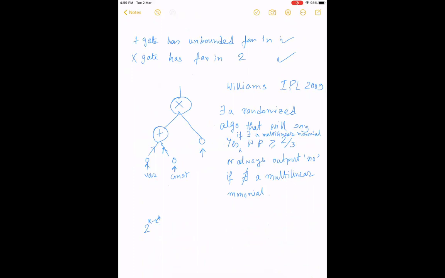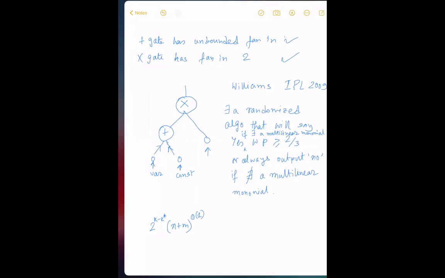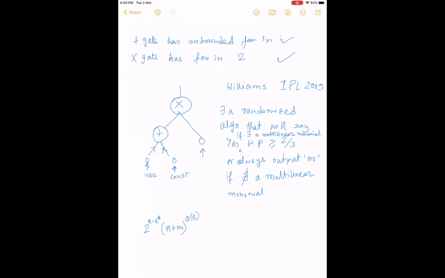So it is 2 power k minus k star times a polynomial in n plus m. In this much time we can execute this. I suppose I am out of time, so I'll not be discussing the 2 power n exact exponential algorithm. I'll end here. Thank you.